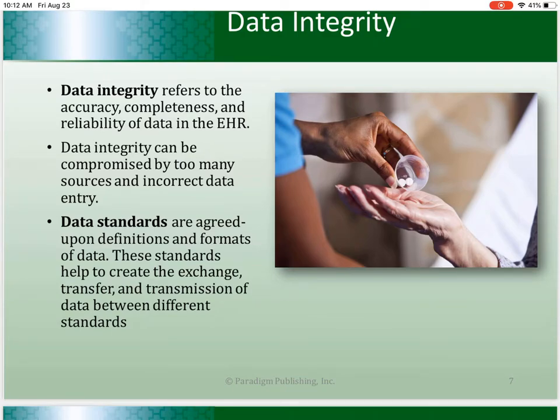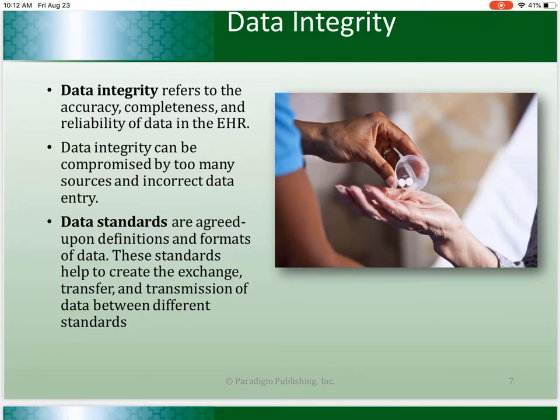So that's just talking about whether or not it's accurate, complete, reliable. If the nurse doesn't enter that allergy information, is that chart actually complete? Is it accurate? And then again, like it said, it's not going to fire off those alerts because either it wasn't entered correctly or it wasn't entered at all.